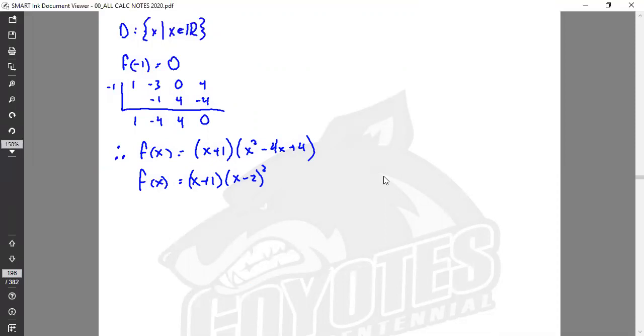So we have x-intercepts of -1, 0 and 2, 0. We have a y-intercept of 0, 4.